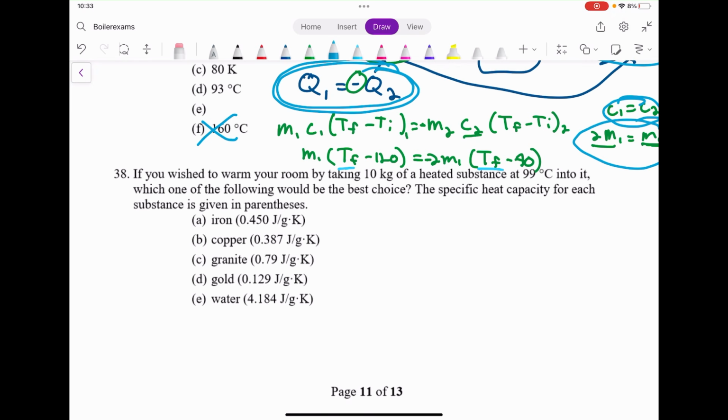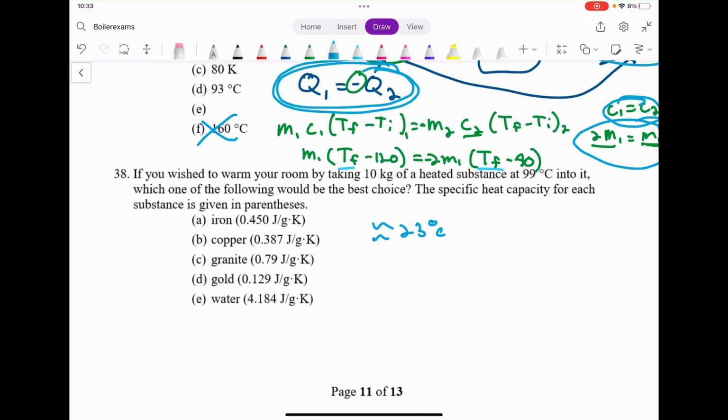Okay, so assuming my room is at about 23 degrees Celsius and I'm bringing in something that's hot and I want it to heat the room as much as humanly possible, I want something that holds the most amount of energy possible.